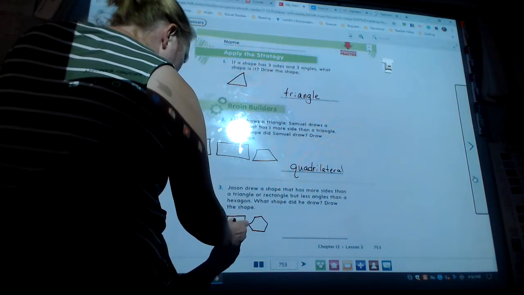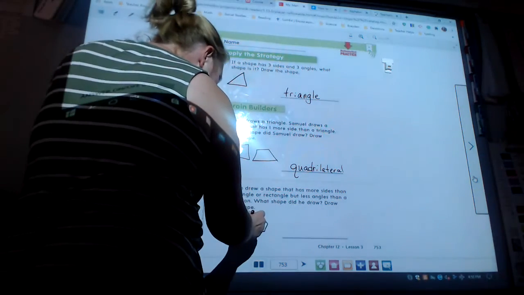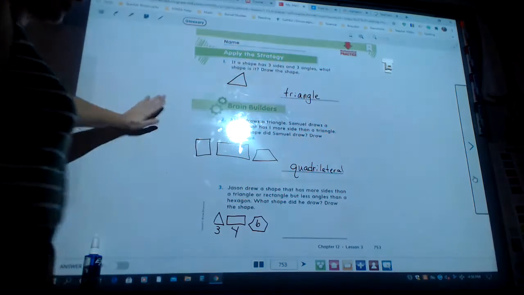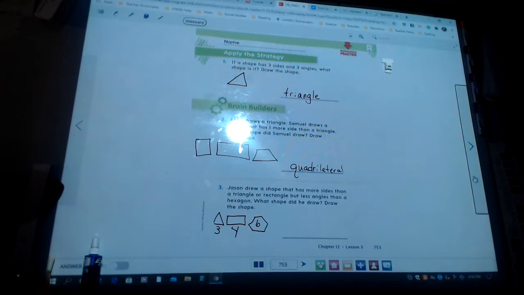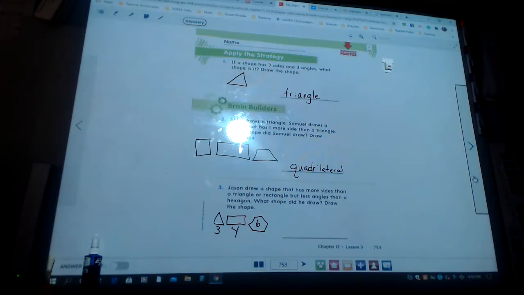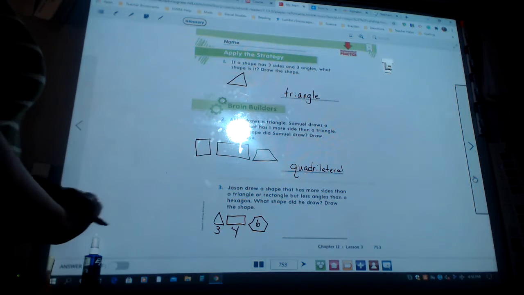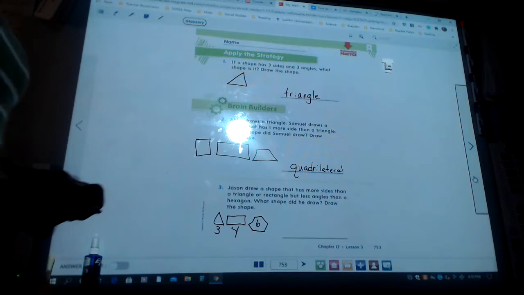It has to have more than 4 sides. But it has to have less than 6 angles. Do we know a shape that has more than 4 sides but less than 6 angles? I'll give you a clue. It starts with a P.